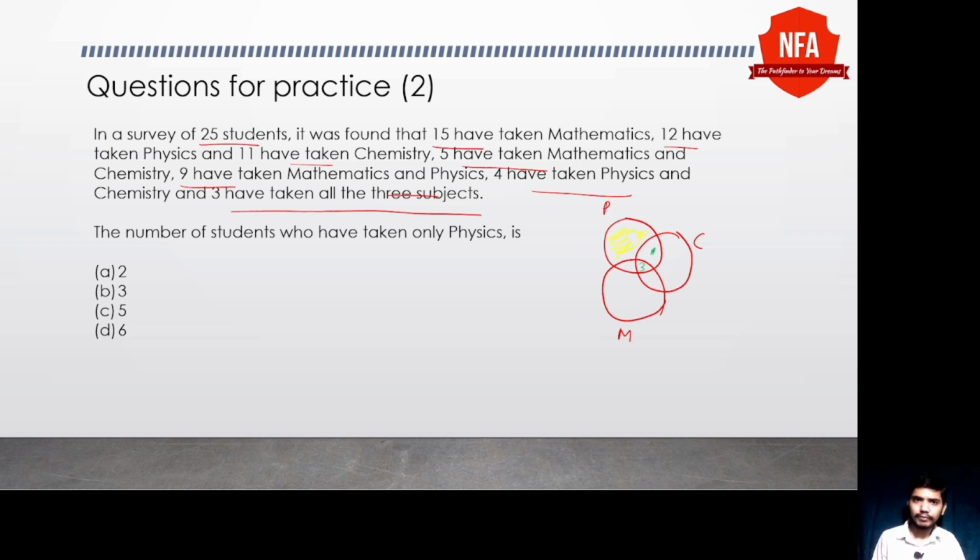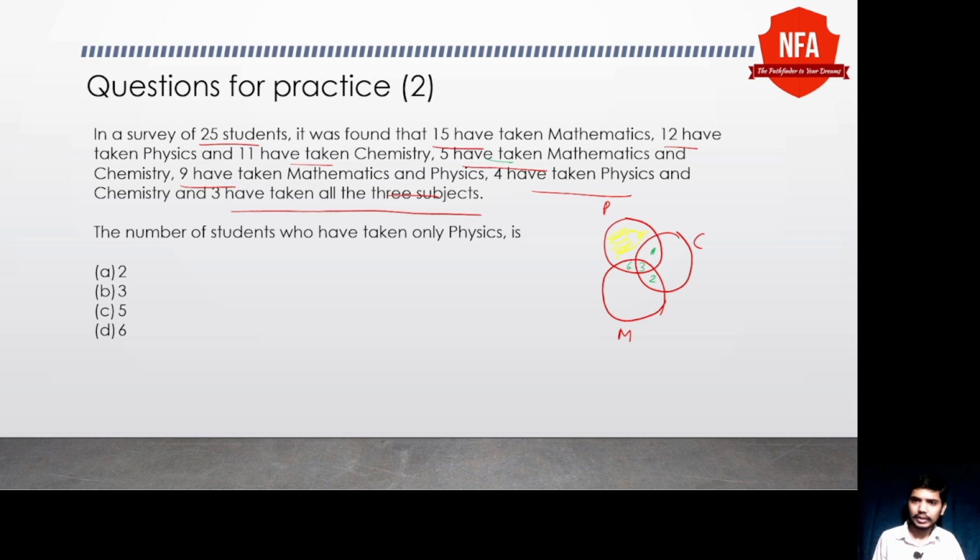Now we see 9 students have taken mathematics and physics both, but we have 3 here, so 6 will be here. Now as we can see, 5 have taken mathematics and chemistry, 3 are already here, so 2 will be here.